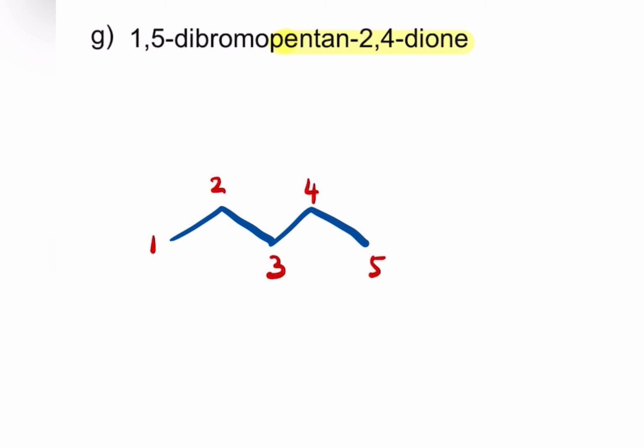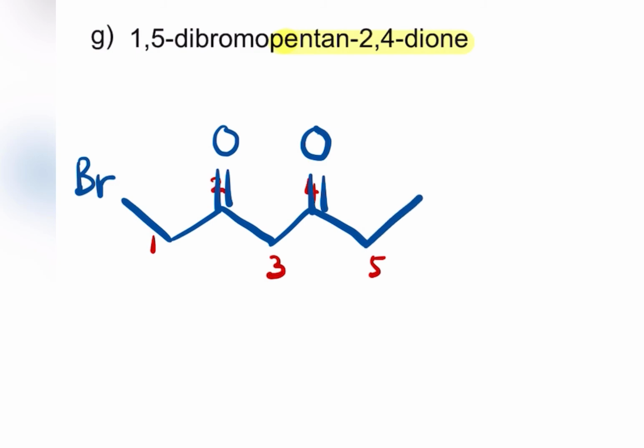And what's next, at position carbon number 2 and 4, I have double bond O, which makes this structure a ketone. Next one, I have at position carbon number 1 and 5, there will be Br atom. So I'm going to put the bond first at carbon number 1 attached to Br. Same goes to carbon number 5. So this is the structure for G.